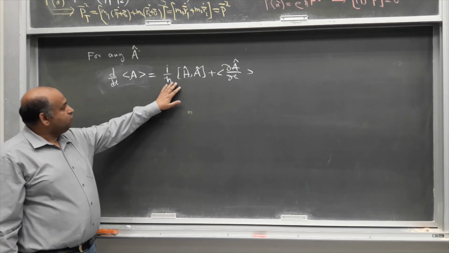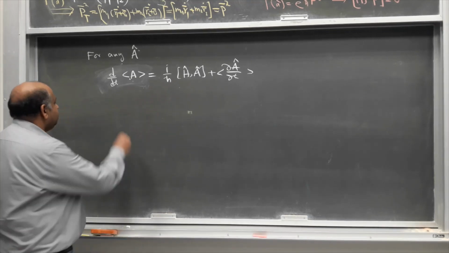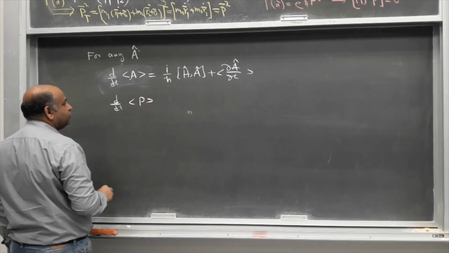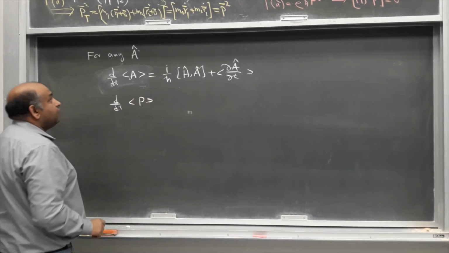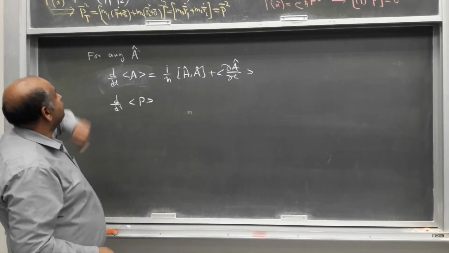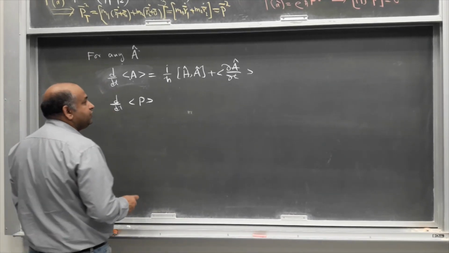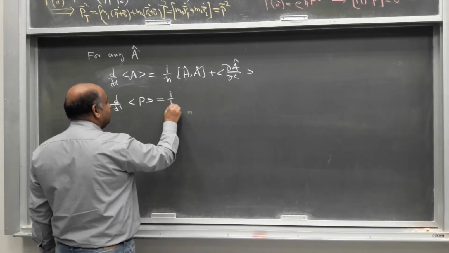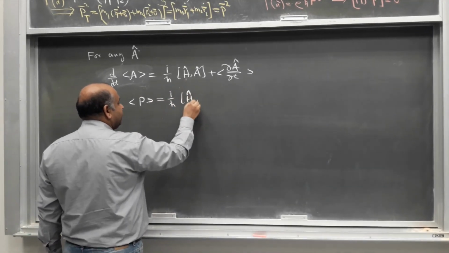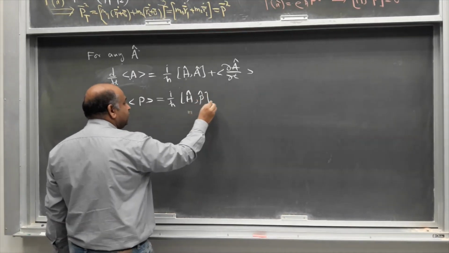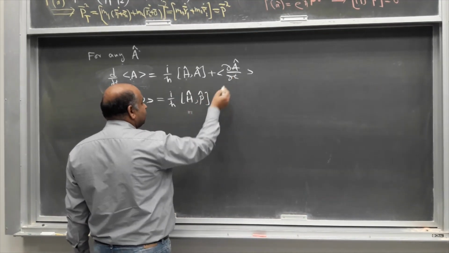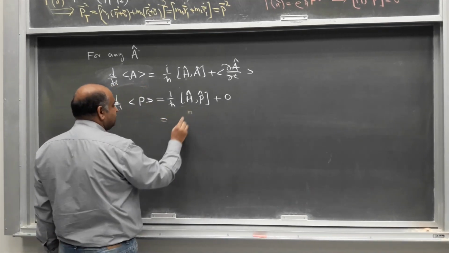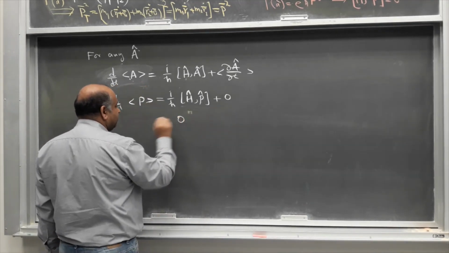So let's use this to find the time rate of change of the total linear momentum of two particles with this Hamiltonian. So with this Hamiltonian, we know that our two particle Hamiltonian commutes with the linear momentum, and linear momentum is independent of time, and this is zero as well, just as we saw earlier.